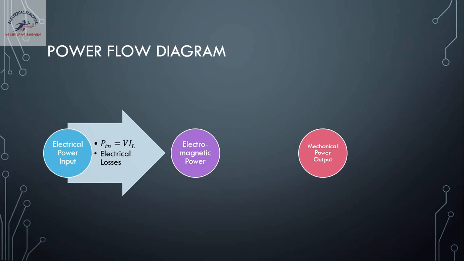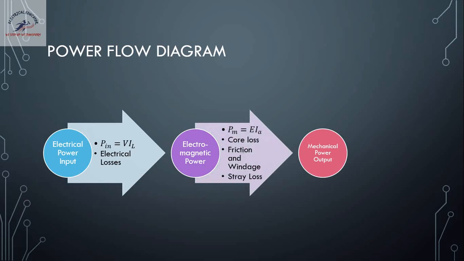Whatever electrical losses occur, the remaining power is fed to the system, and that power is called electromagnetic power. The power which is present in the air gap is called electromagnetic power, and it is given by the equation Pm is equal to E into Ia. We have seen this equation in the derivation of the torque equation, so we are familiar with it.